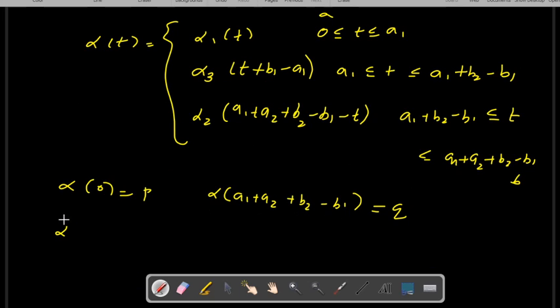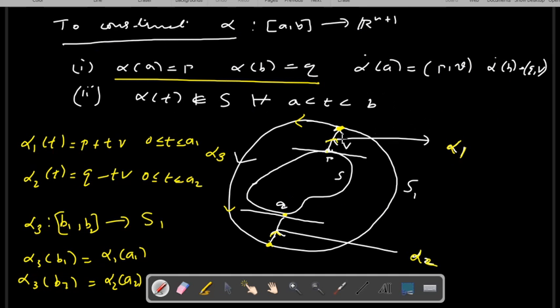Now when you get alpha dot of 0, what is alpha dot of 0? At that point, when you find the derivative, you will get the tangent vector. That is what is here, right? Derivative of this. Here also, when you find the derivative, alpha 1 dot of 0 will come as v, right?